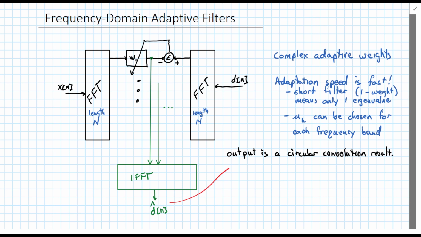So what can be done? Well, the first thing we can do is we can try to make sure that our output isn't that long. One of the basic ideas that's done in FFT convolution is that n samples of the input are zero padded. In other words, zeros are added to them to turn an n length input into a 2n length input where the second half are zeros.